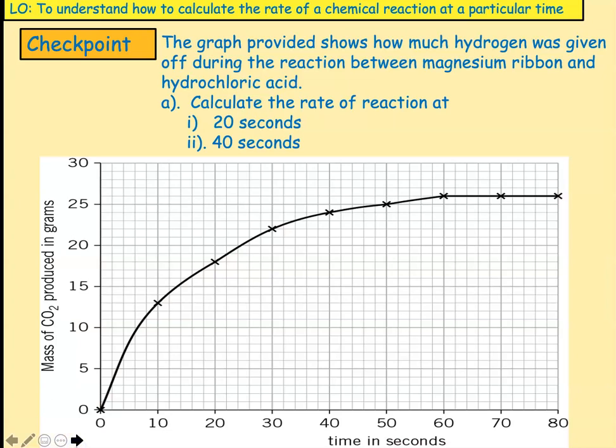Okay, so we're going to try this now yourself. Now, I know you may not have any graph paper, so you may have to just attempt to do this and guess what's actually going to happen. Right, calculate the rate of reaction at 20 and at 40.